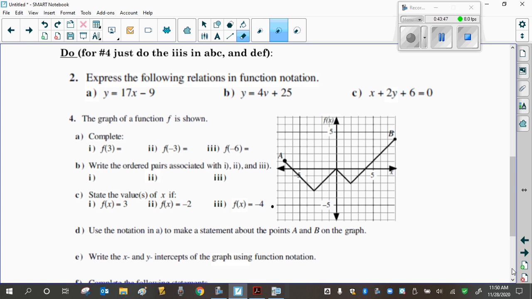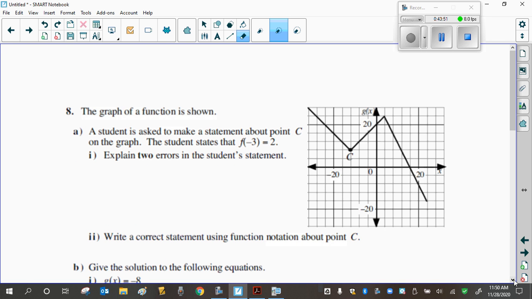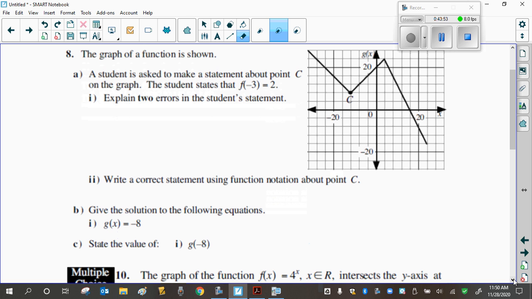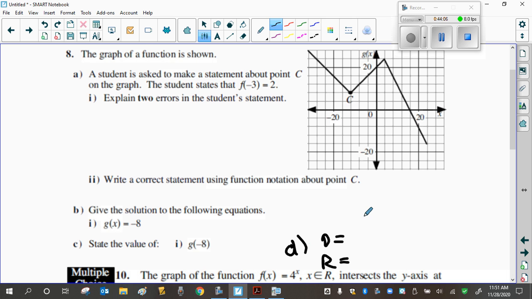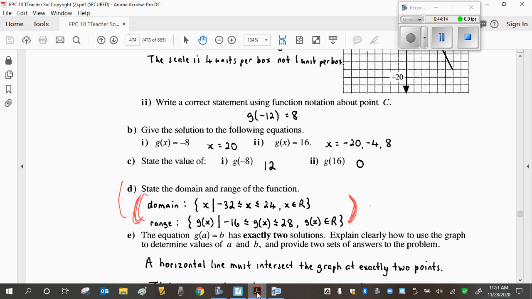It's on the next page. Just write down right here. Write down D, and then write down domain equals and range equals, and don't worry, I'll come back to that page in a second. So page 40, and then go ahead and write down the stuff in red.